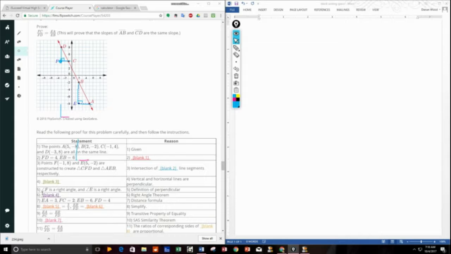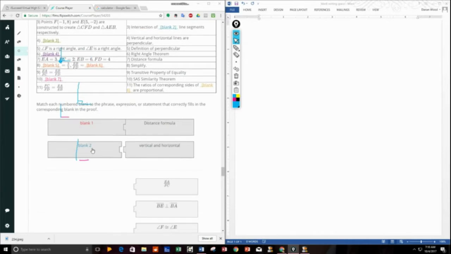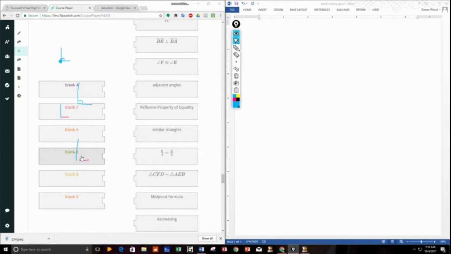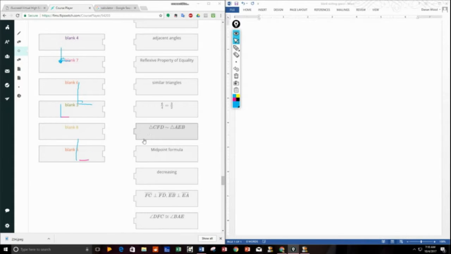And also I'm using the clue from statement 5. Angle F is a right angle and angle E is a right angle. So I'm using the clues about this F and this E, and so the vertical line and the horizontal line that create them would be FC is perpendicular to FD and EB is perpendicular to EA.